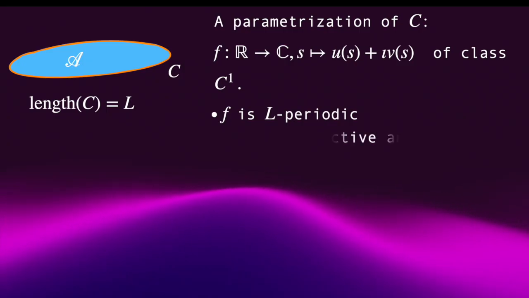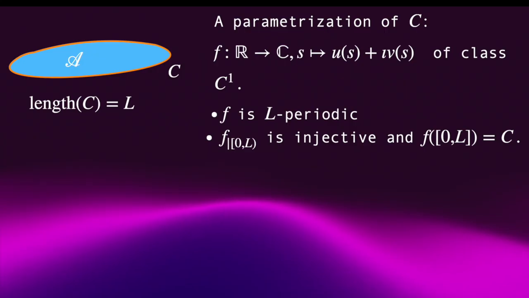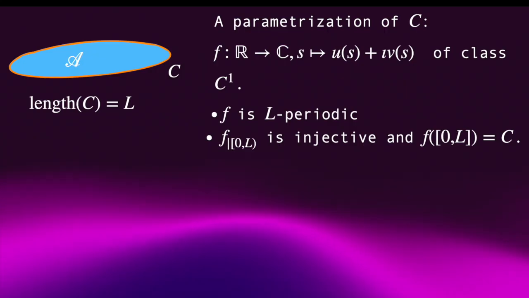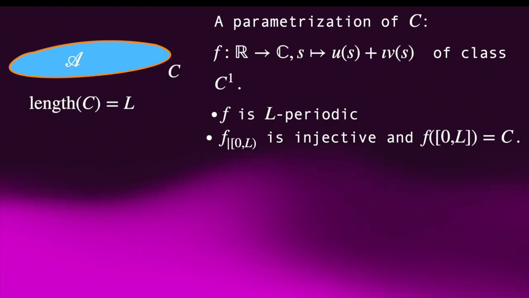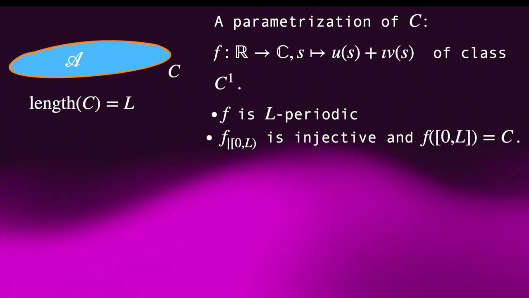And we suppose that it is injective when restricted to the interval [0, L) to get that the curve is simple. There is no crossing in the curve.